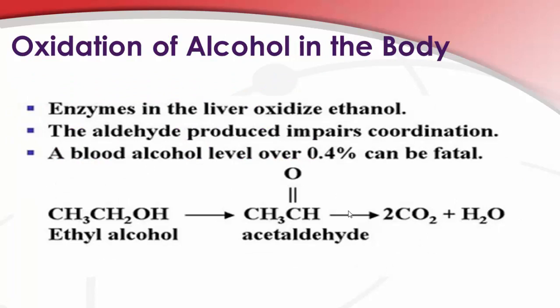Okay, alcohol undergoes an interesting reaction in the human body. So we haven't really talked too much about biological reactions in this course. We might as well talk about one now. So the liver, one of its primary functions in the human body is to get rid of toxins, including ethyl alcohol or ethanol.